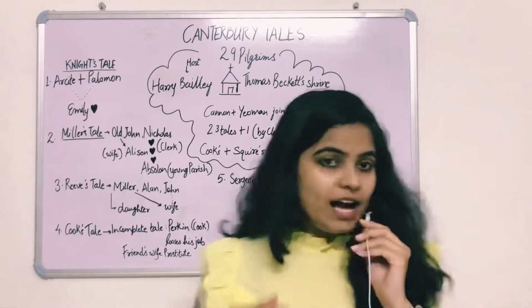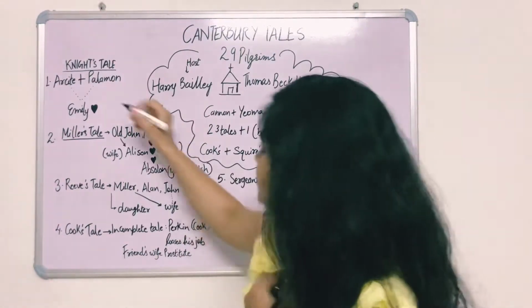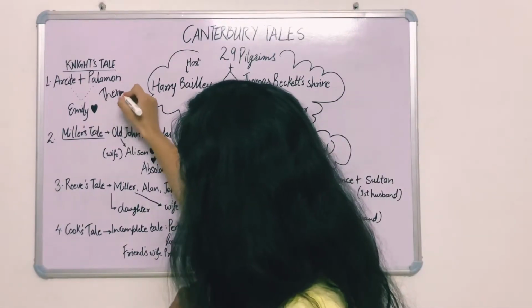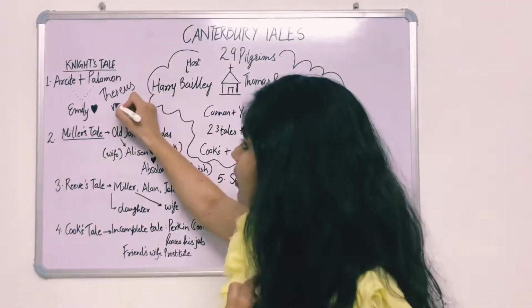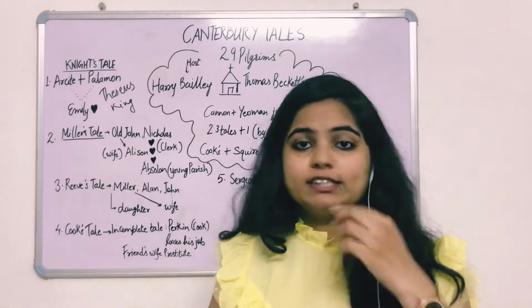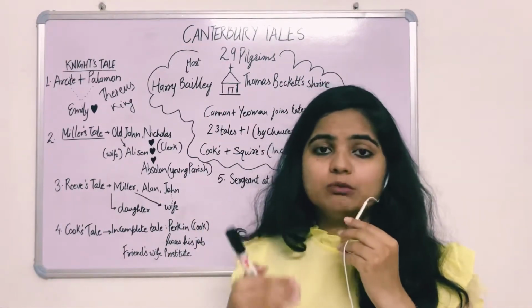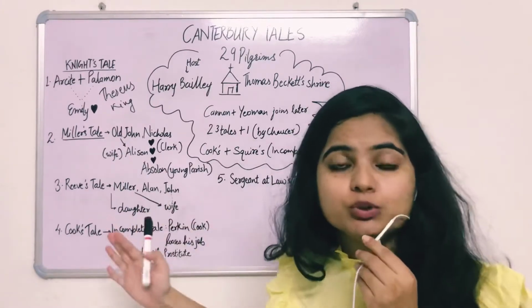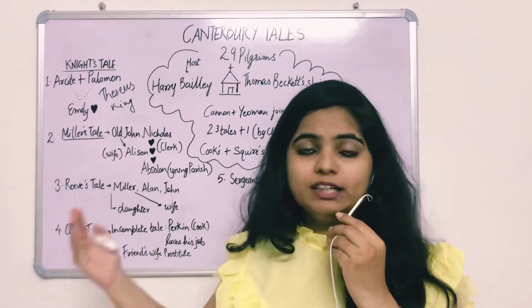Emily is the niece of a king called Theseus. I may write it here. Theseus is the king of Athens, and he announces that he is going to create a contest between the two of them, whoever wins the hand of Emily, my niece.